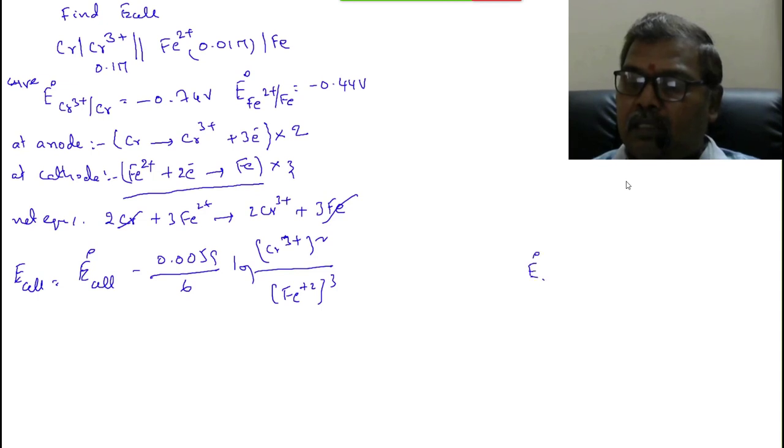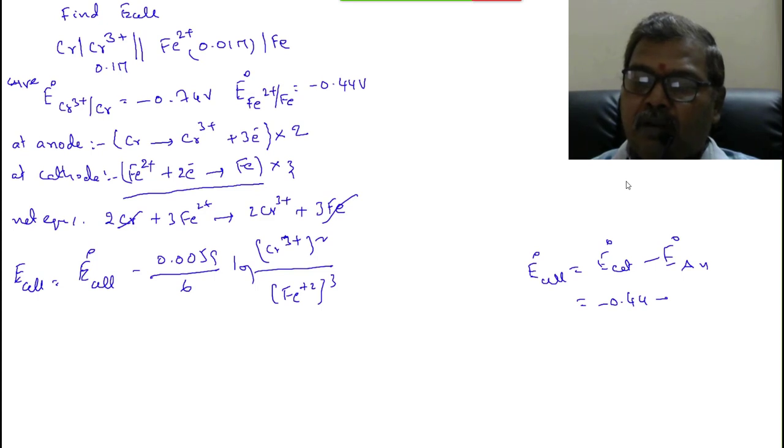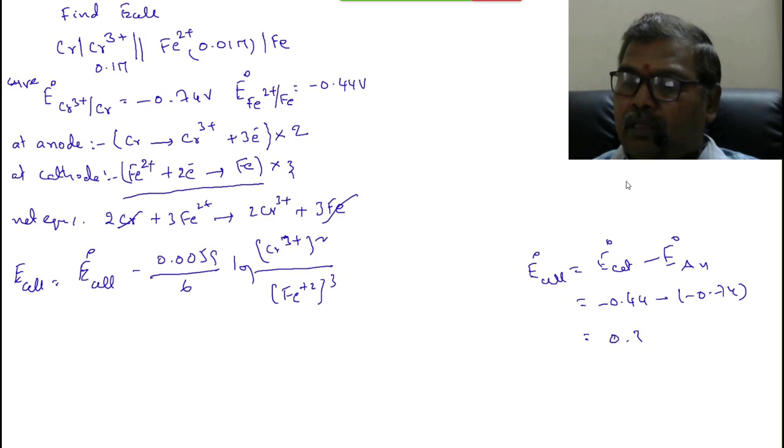E naught cell is equal to E naught cathode minus E naught anode. So E naught cathode is given as minus 0.44, minus E naught anode, which is given as minus 0.74. So it is 0.30 volts, right? This is the EMF of the standard cell actually.